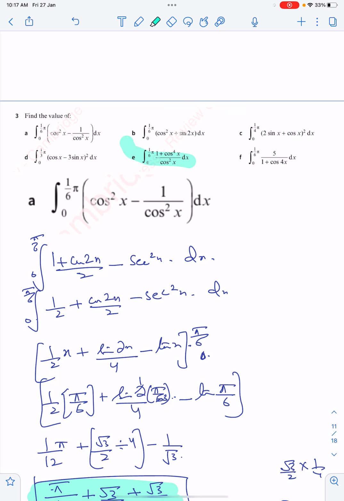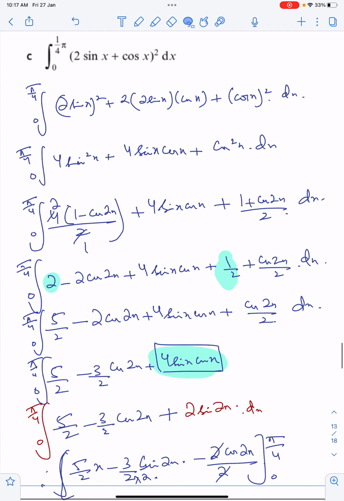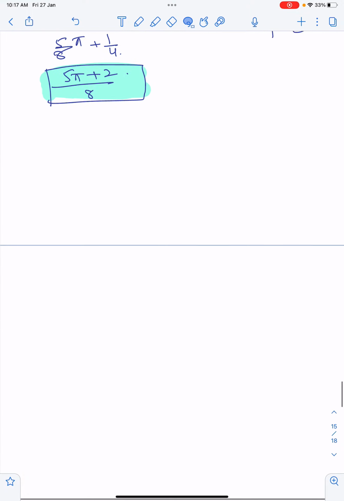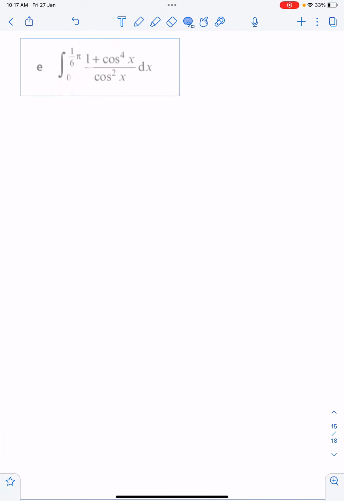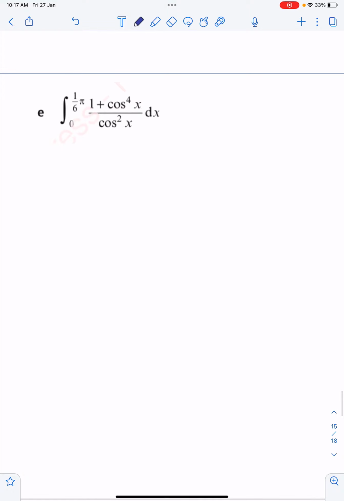Let me do the E part. If I divide both the terms by cos square x, what will I get?